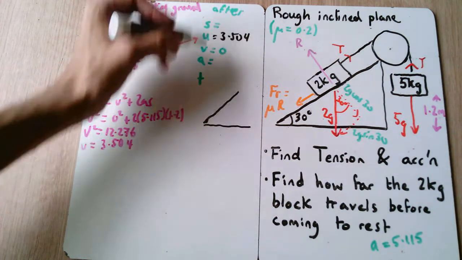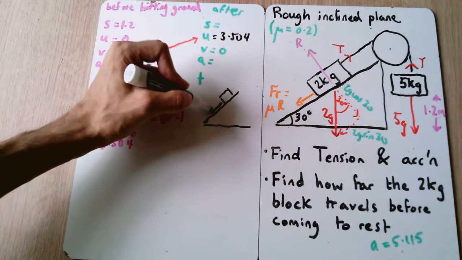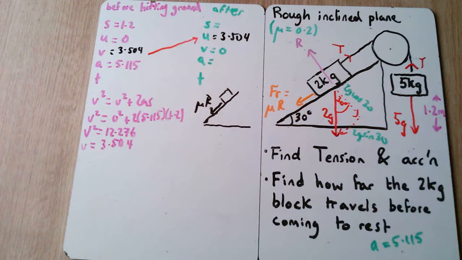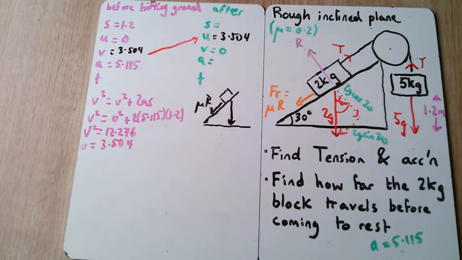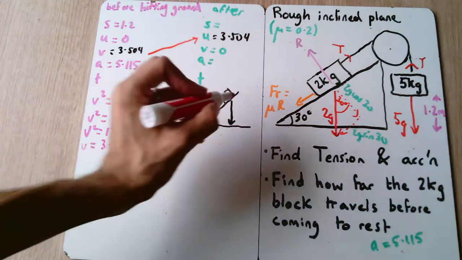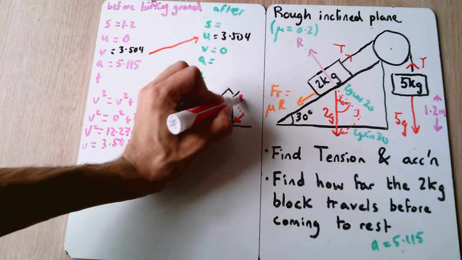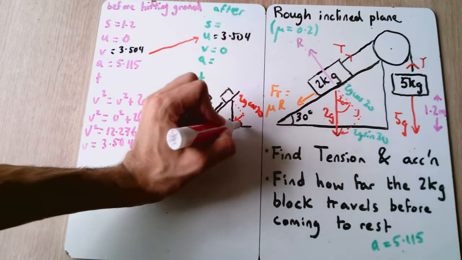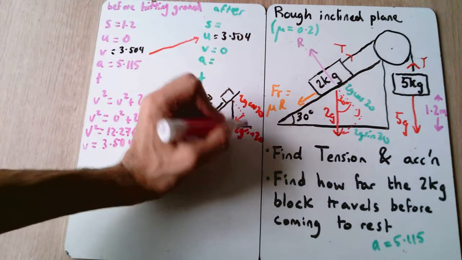So after the 5 kg block hits the ground, the 2 kg block only has friction acting on it, so mu R, because it's still moving, and it has the 2g acting downwards, meaning we have our two components over here, where this was our 2g cos 30, and this is our 2g sine 30.